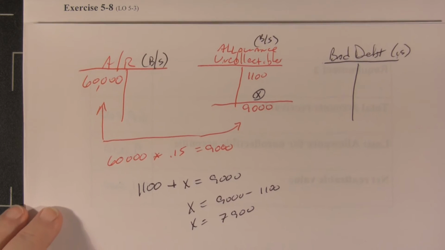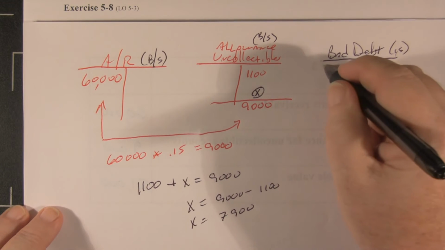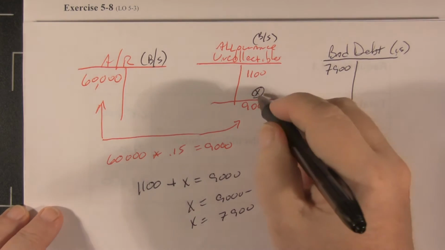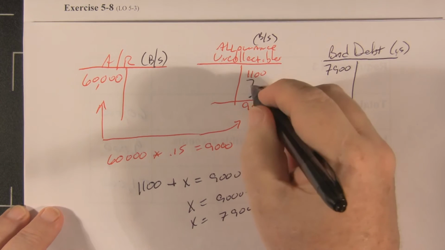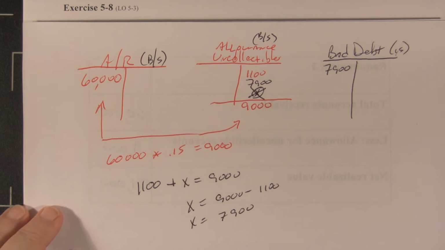X is 7,900. And that's what we need. So we need to debit bad debt expense, 7,900, credit allowance for doubtful accounts, 7,900.